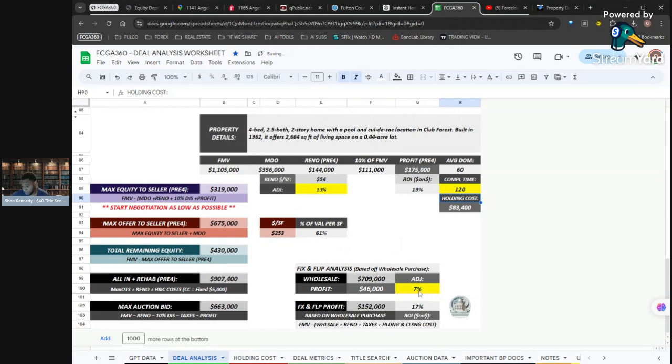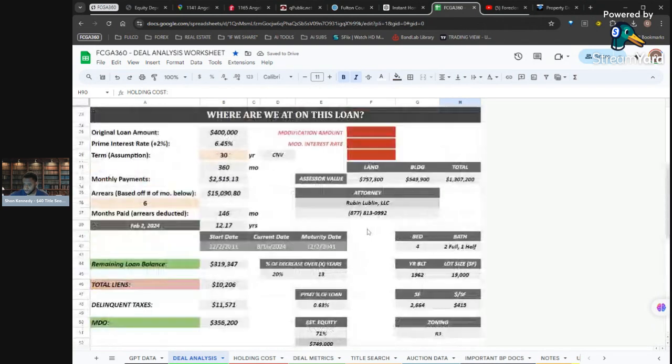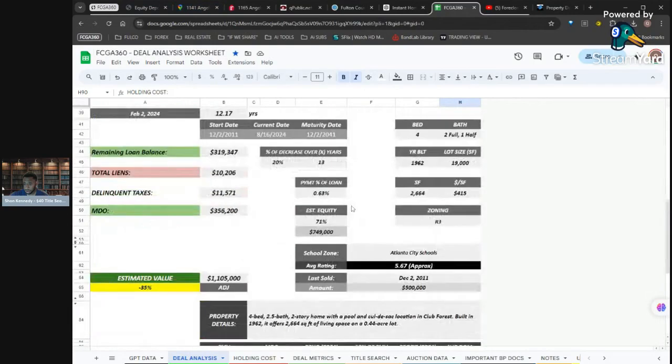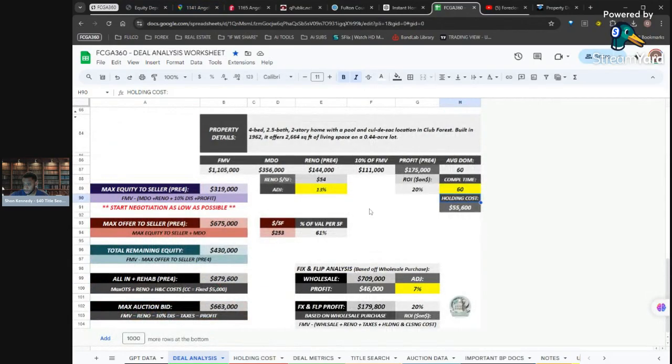Of course, our ROI goes down, so that'll be on the fix and flipper at that point. Hopefully, they will be able to get it in 90 days. Let's just say they were able to get it done in 60 days. They can make their 20%, make a little bit more. But all in all, this is a good deal. This is something definitely worth pursuing, pre-foreclosure or even at the auction.